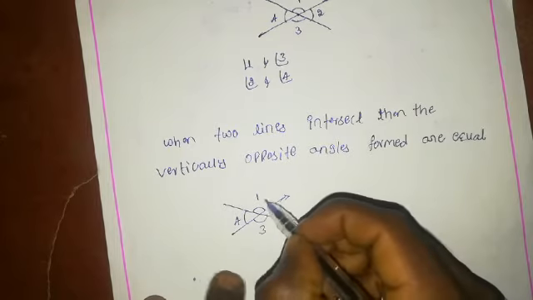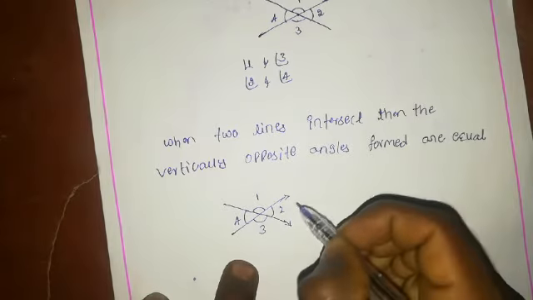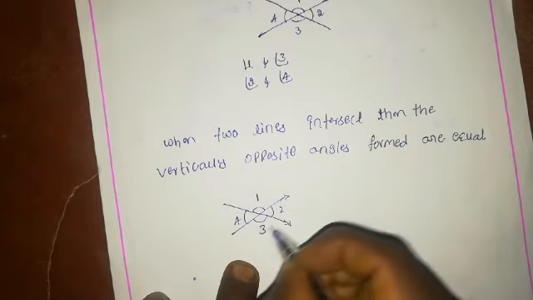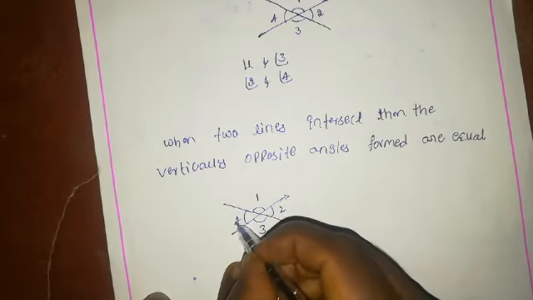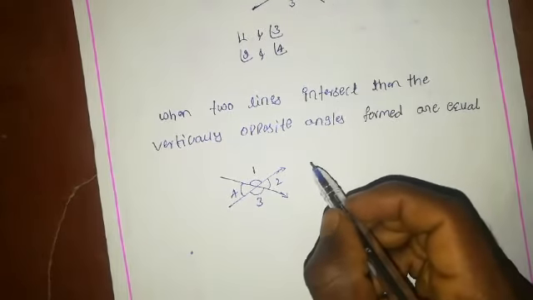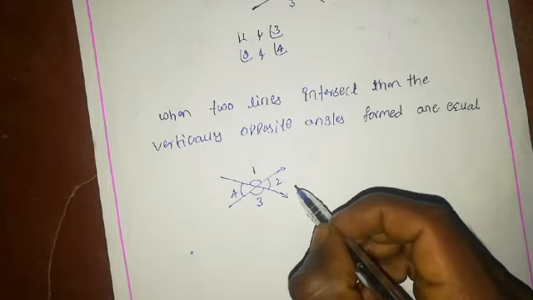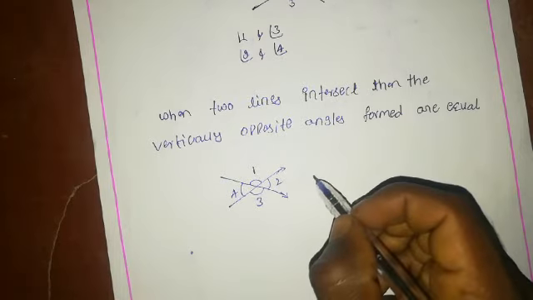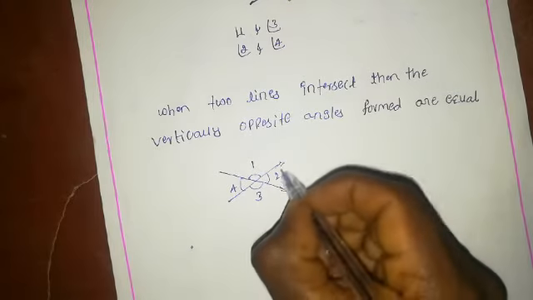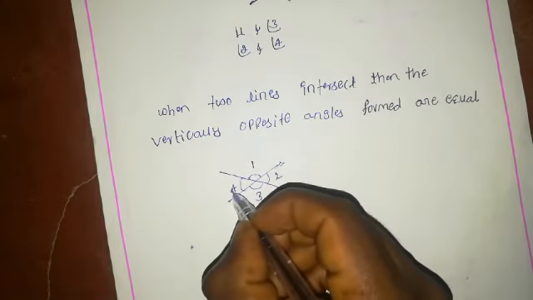The vertically opposite angles are equal, which means angle 1 is equal to angle 3 and angle 2 is equal to angle 4. When two lines intersect, the vertically opposite angles formed are equal.